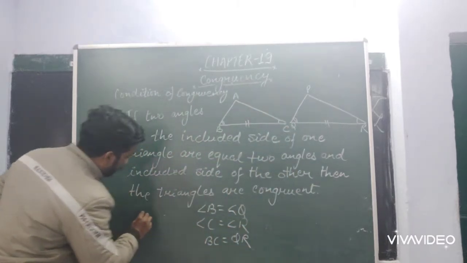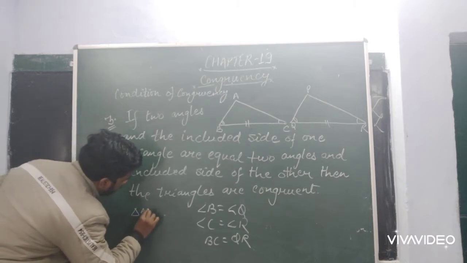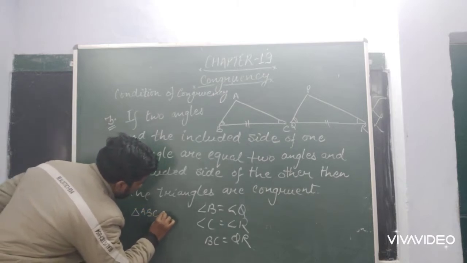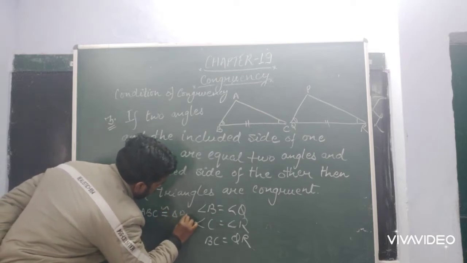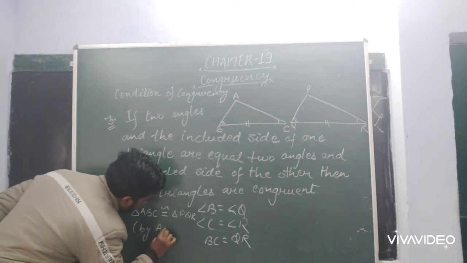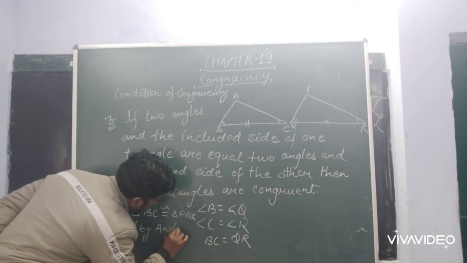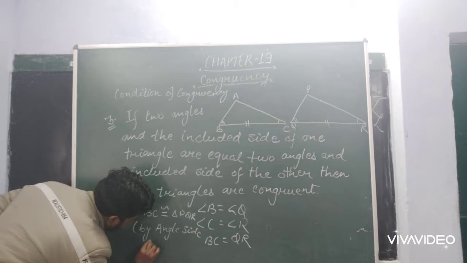So we can write triangle ABC is congruent to triangle PQR by angle, side, angle.